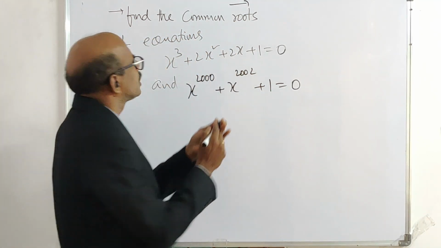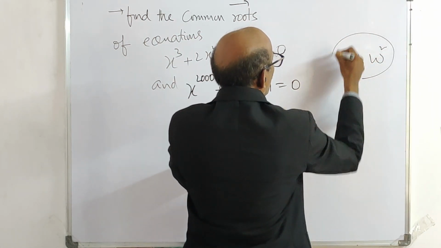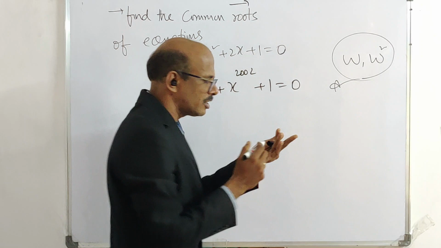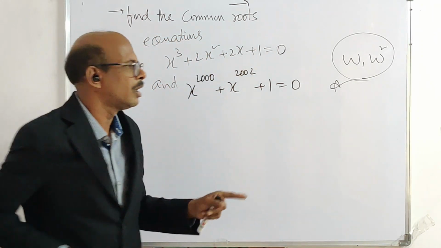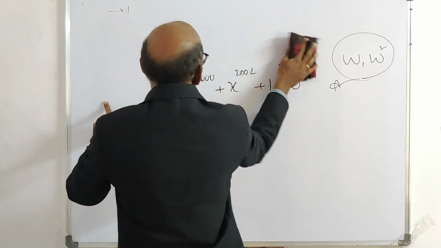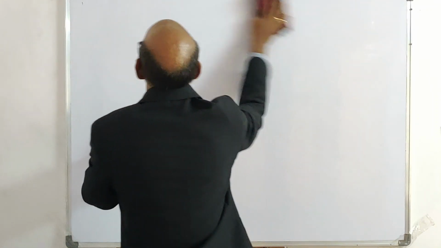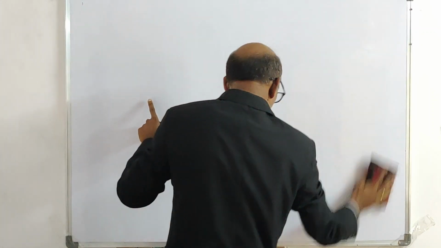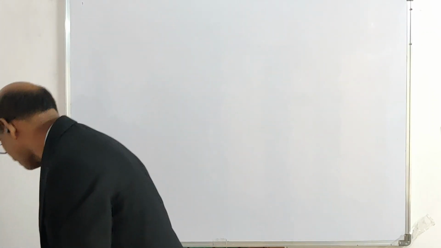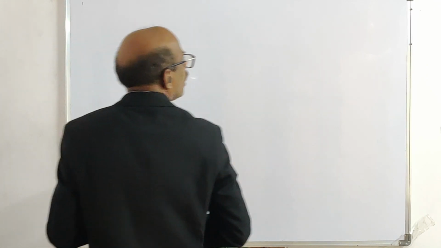Therefore, the final conclusion: the common roots of these two equations are omega and omega square. Both are satisfied. These two are the common roots for both the equations. My dear student, I think you got my point for understanding the role played by omega in different situations.